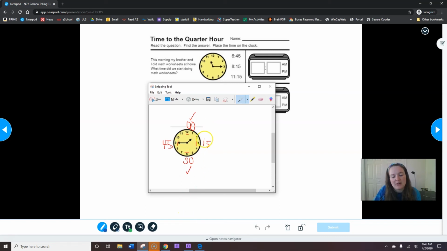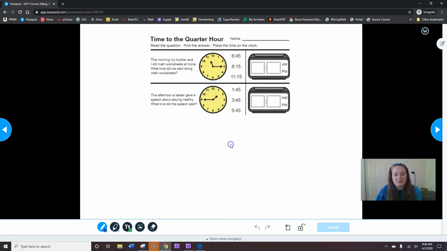So we're just going to count, and I'm going to show you that anytime the big hand is pointing at the 3, it will be a 15. And anytime it's pointing at the 9, it's going to be 45. So starting at the 1, we count 5, 10, 15, 20, 25, 30, 35, 40, 45. Okay?